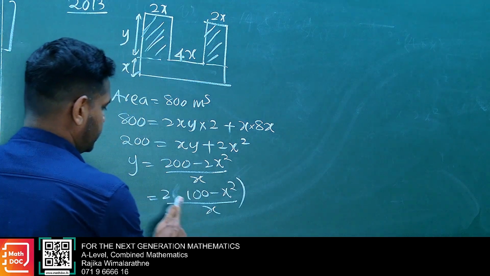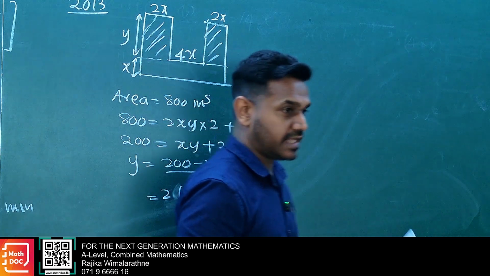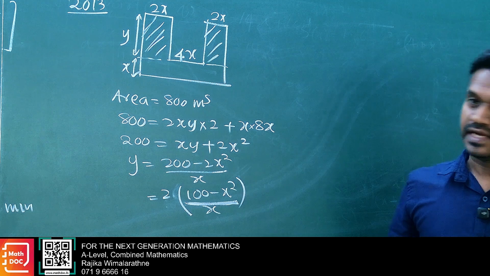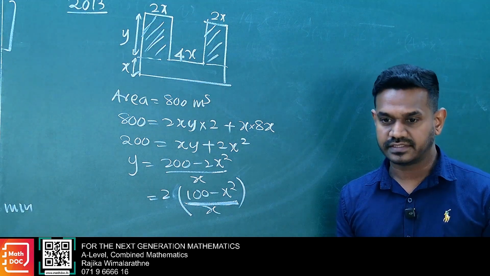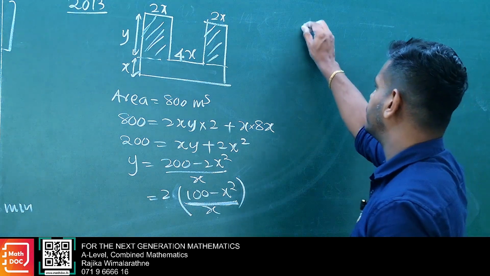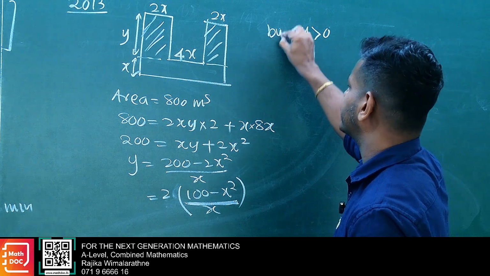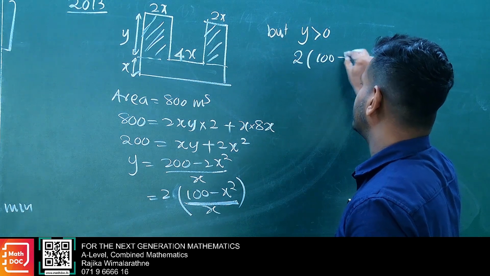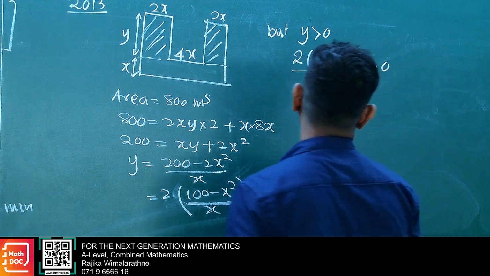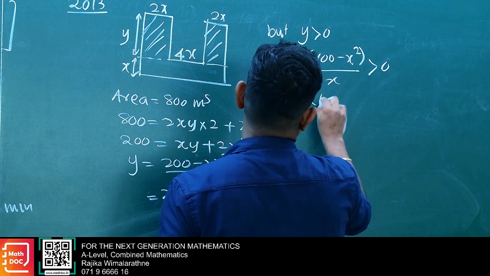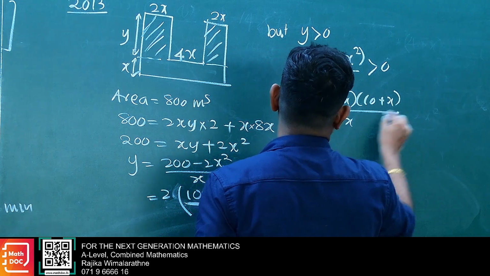Here, in accordance with x, y can be negative, no? But definitely x and y both must be positive, since they are lengths. Then y greater than 0, so 2 times (100 minus x squared) divided by x is greater than 0. Then 2 times (10 minus x)(10 plus x) over x greater than 0.